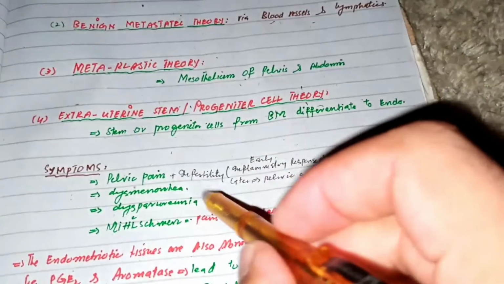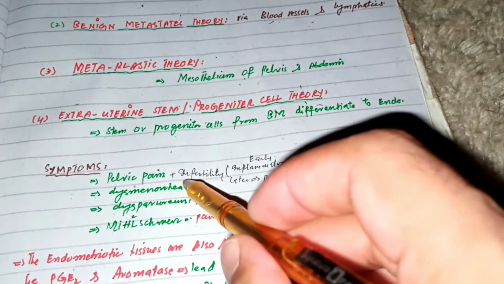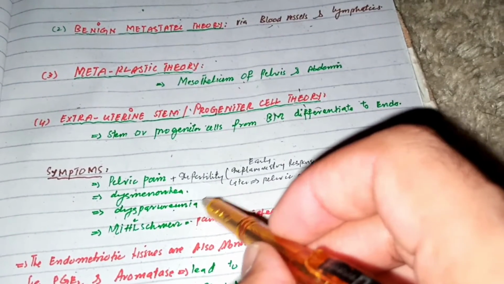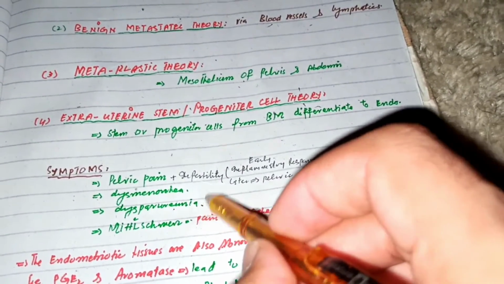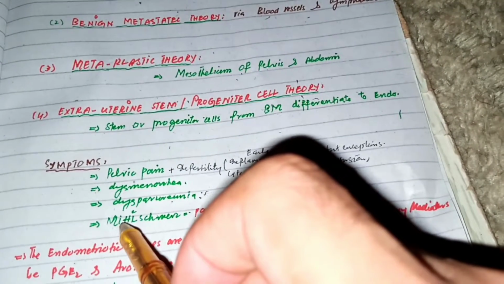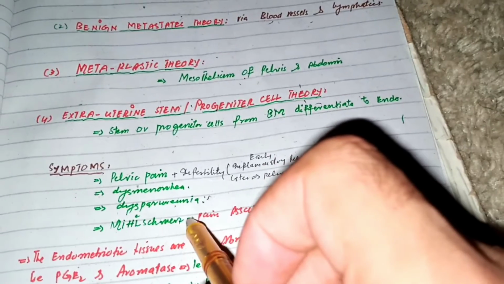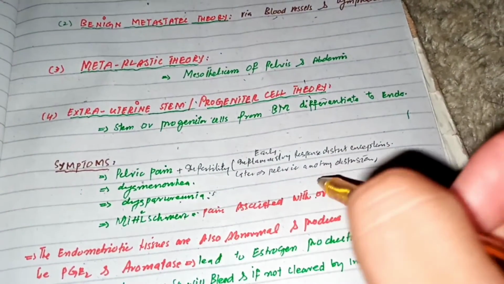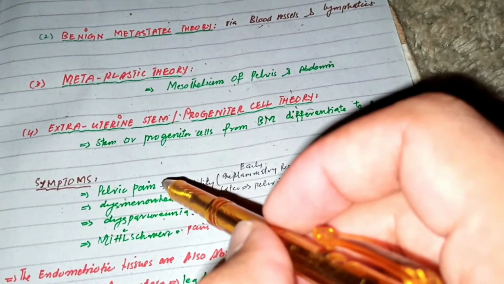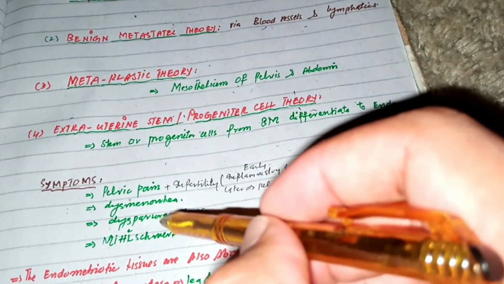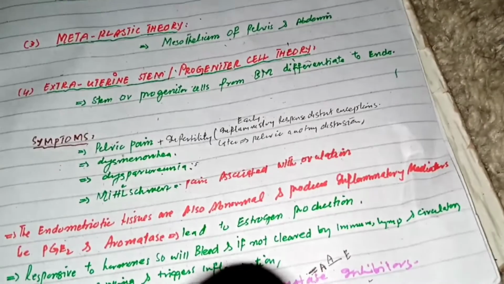The other is dysmenorrhea, which is painful menstruation, and dyspareunia, which is painful sexual intercourse, and mittelschmerz, which is the pain associated with ovulation. Pelvic pain and infertility are the more common symptoms, while the rest are less common.